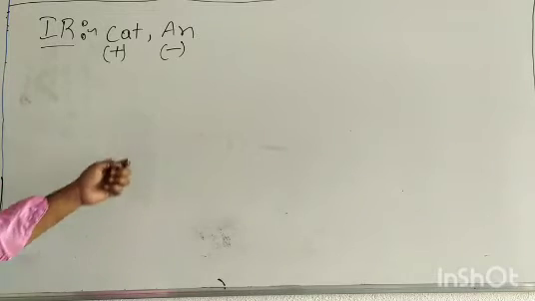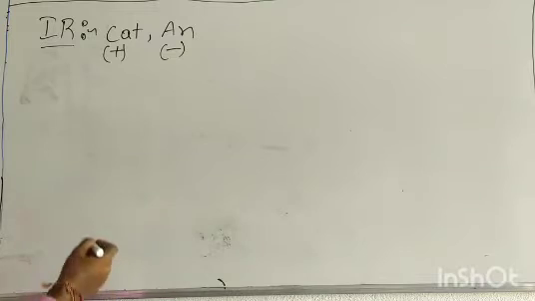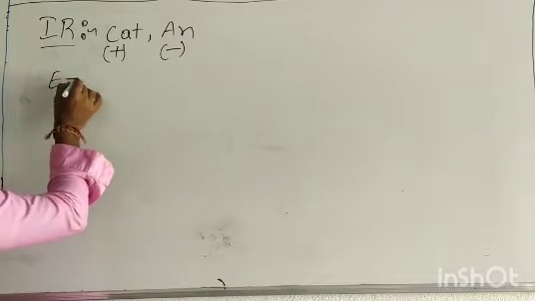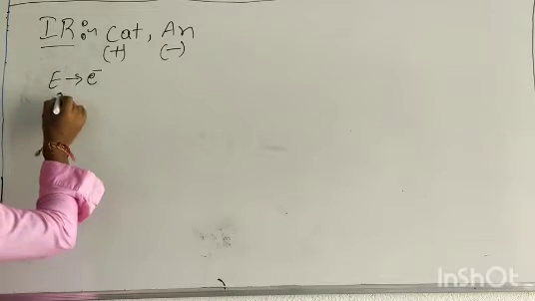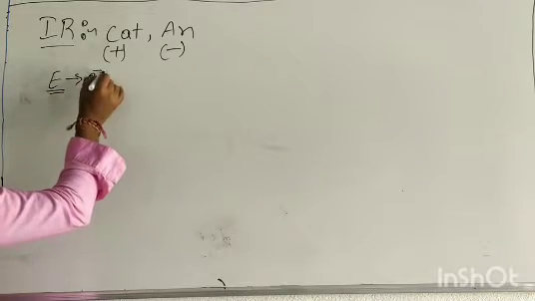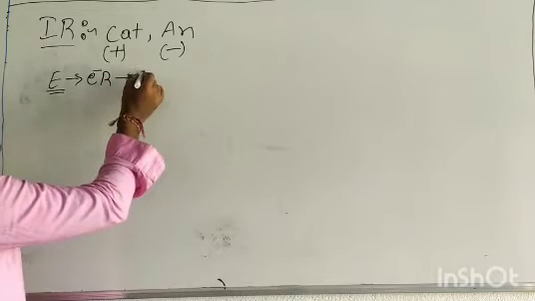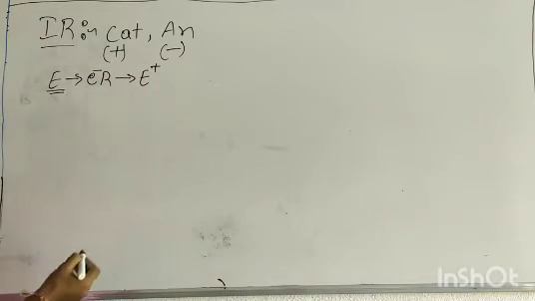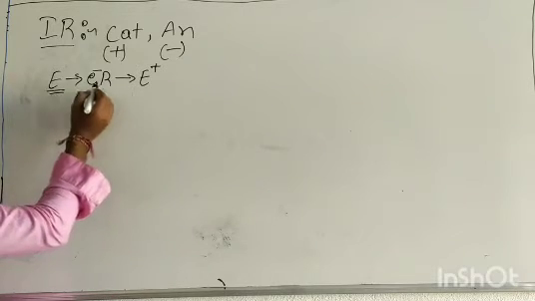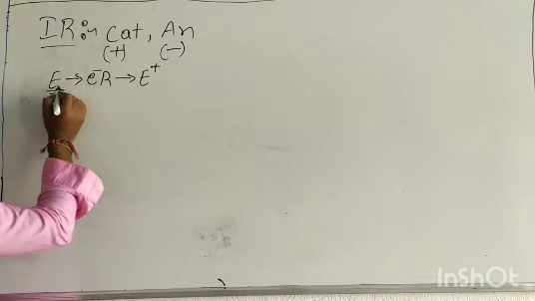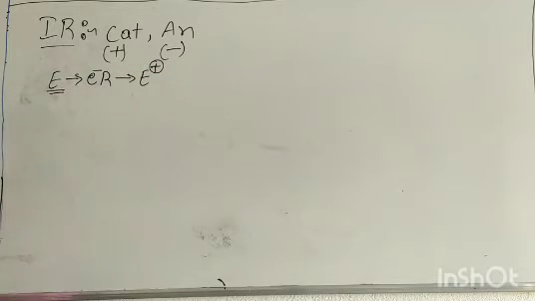So how do we get the charge for an element? That is our next question. If you remove an electron from an element, then the element will have a positive charge.